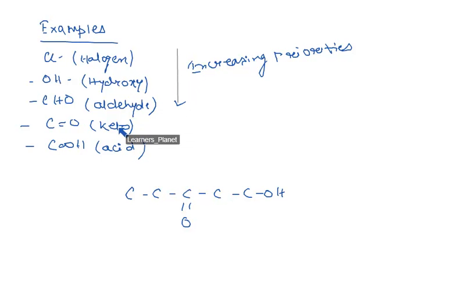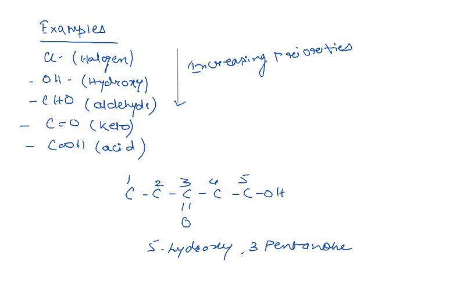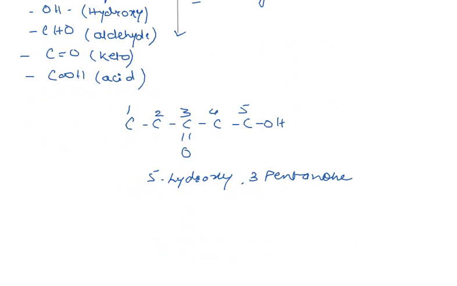Keto group. So numbering should be such that the keto group gets the least number. So it should be 1, 2, 3, 4, 5. And the compound will be named as a ketone. So it would be 5-hydroxy-3-pentanone.